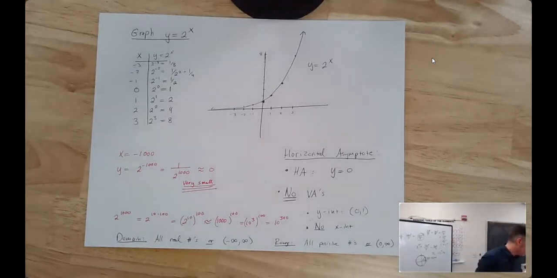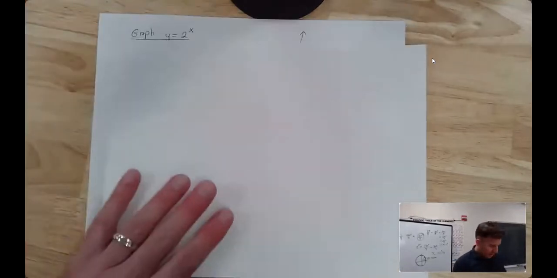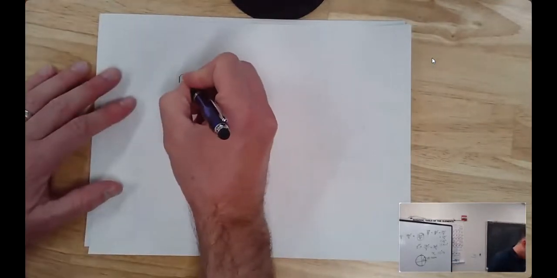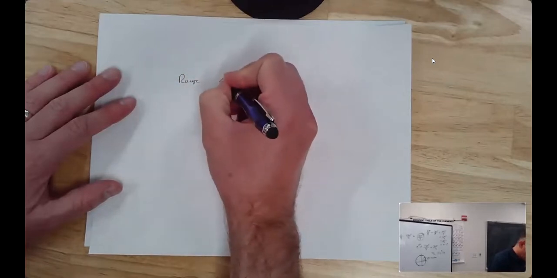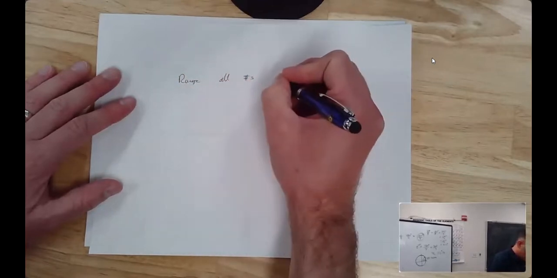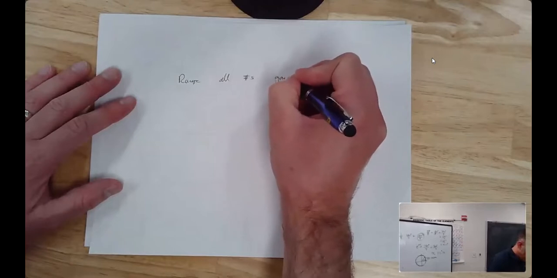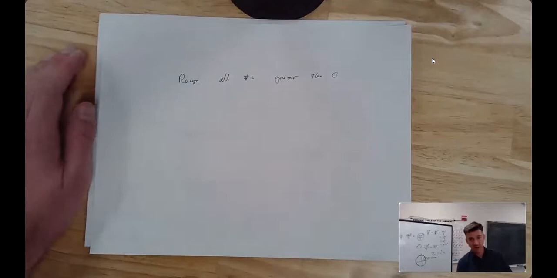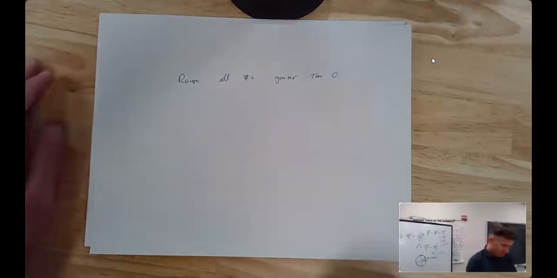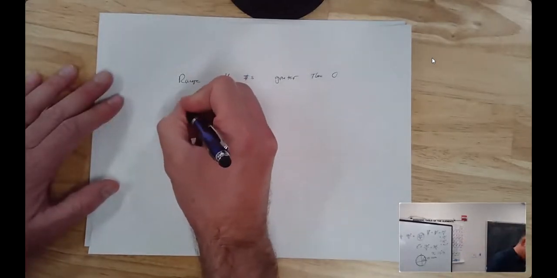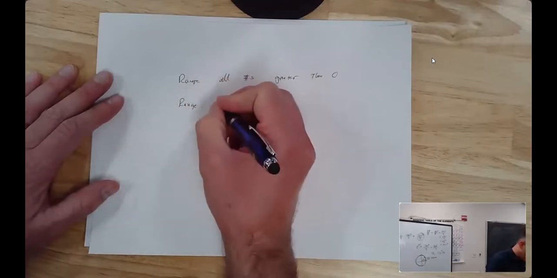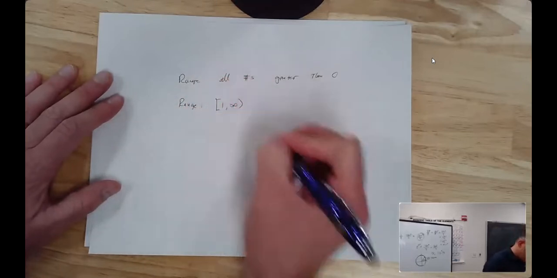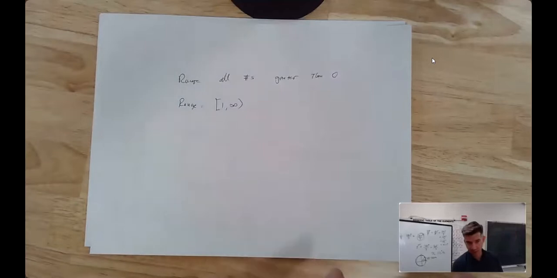And a quick note about that. I've seen people do this before, and I want to make sure you don't. If I said the range was all numbers greater than 0, I have seen a lot of people say, oh, well, that's everything starting at 1. So people have written incorrectly that the range was from 1 to infinity, including 1, because it's bigger than 0.